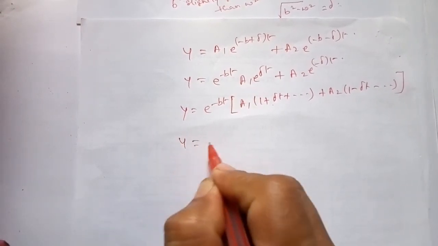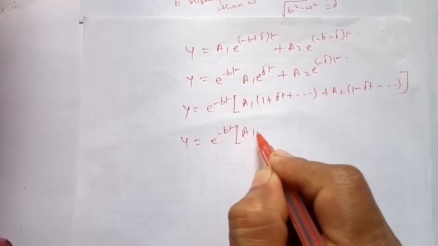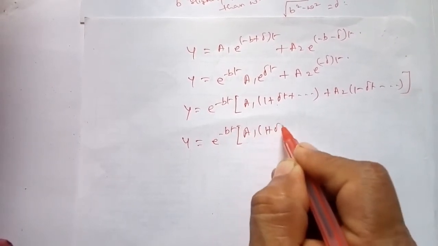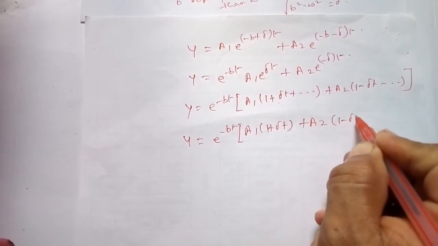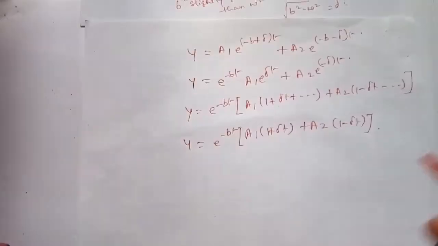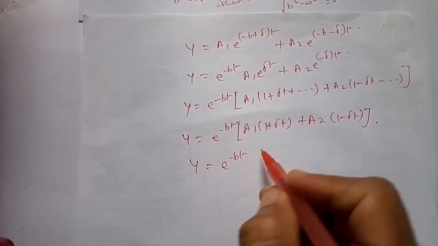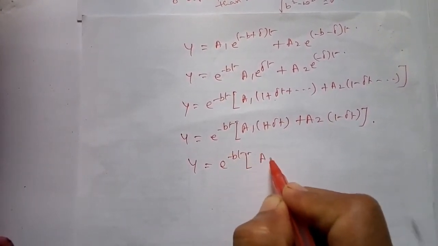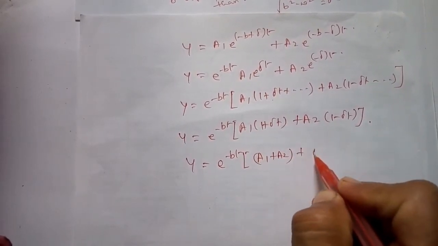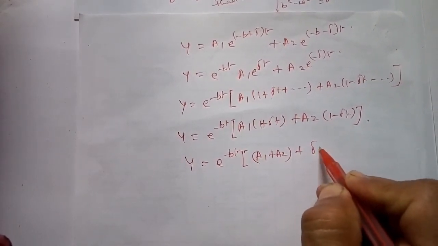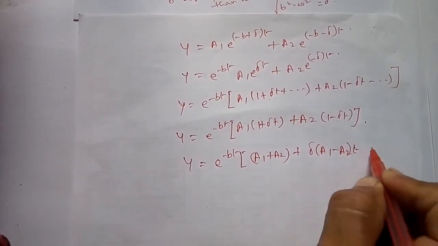Therefore y is equal to e to the power minus bt into a1 into 1 plus delta t, plus a2 into 1 minus delta t, or y is equal to e to the power minus bt into a1 plus a2, plus delta a1 minus a2 into t.